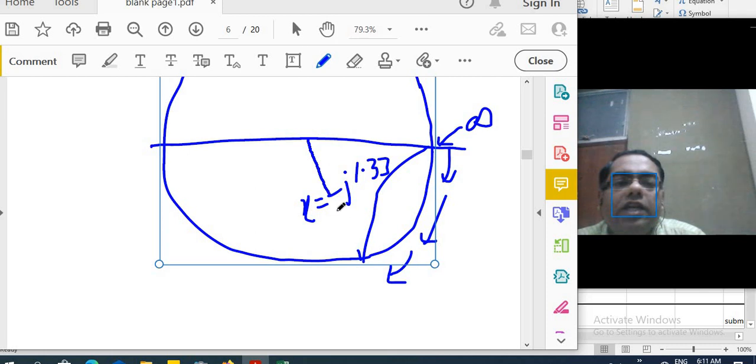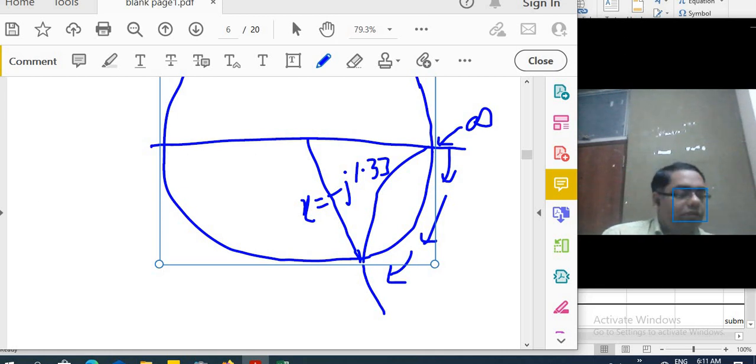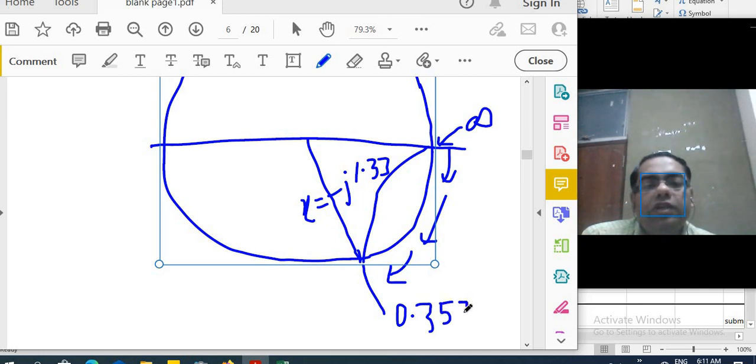From the center I will extend the line and note down the wavelength reading. This reading comes out to be 0.353 lambda.